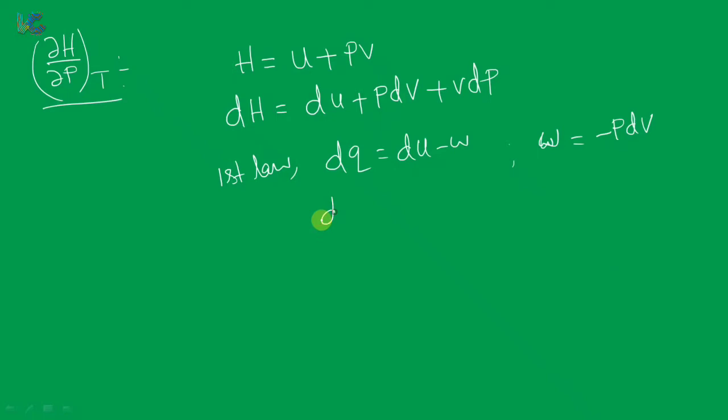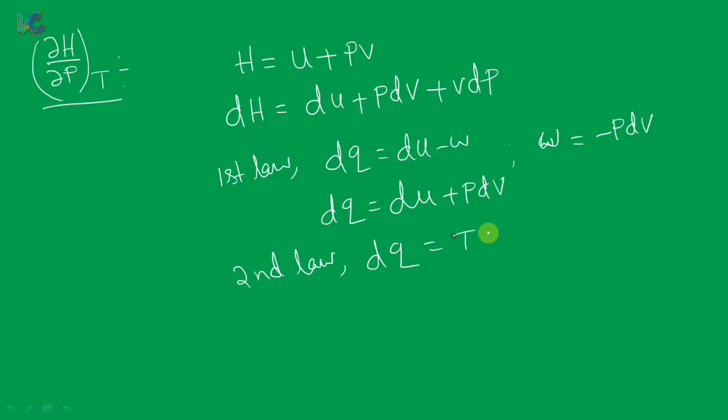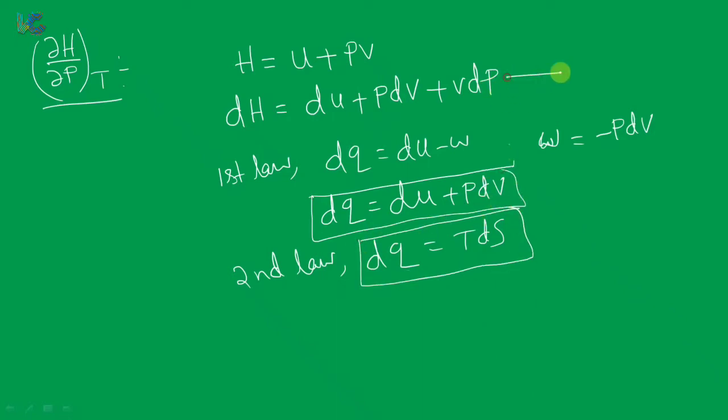So from the first law, dq is equal to dU plus PdV. And from the second law of thermodynamics, mathematically dq is equal to TdS. Now we use dq equal to dU plus PdV and dq equal to TdS in equation 1.